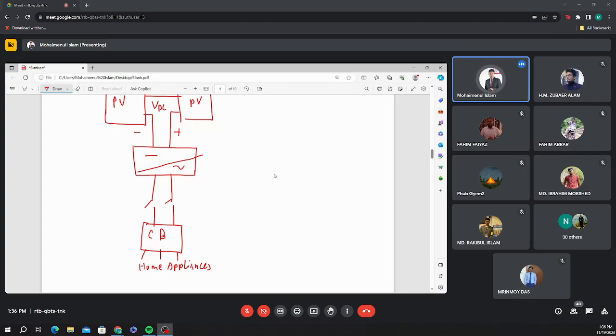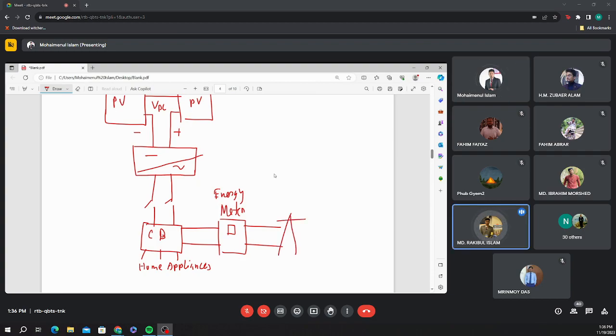And also you can send it through a meter, the net meter or energy meter, whatever you want, and then you can directly connect it to the grid. It's a national grid. That is not the national grid, that is called the distribution grid.